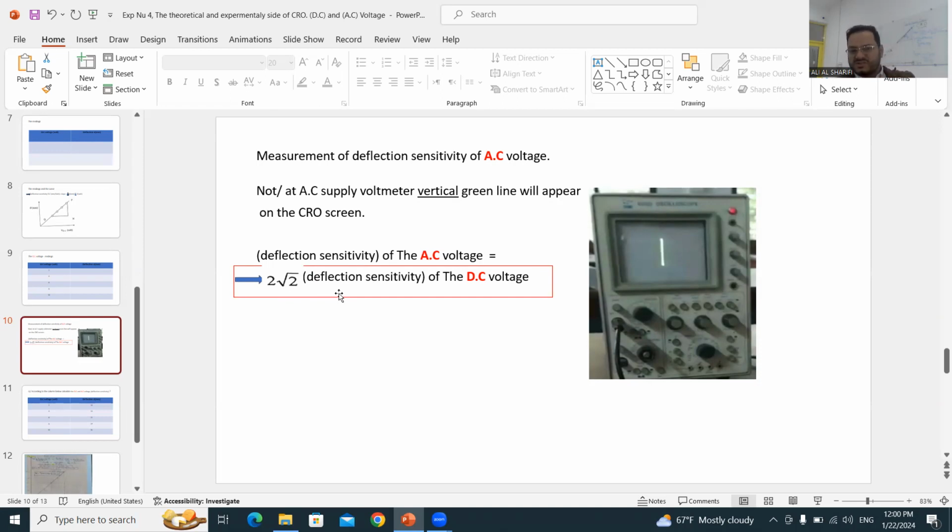After that, just multiply by 2 root 2 to calculate the deflection sensitivity at AC. Here, it's an important note: when I work on AC, that will be good evidence for us that we work correctly, because the line will be like that, not horizontal anymore, but vertical.